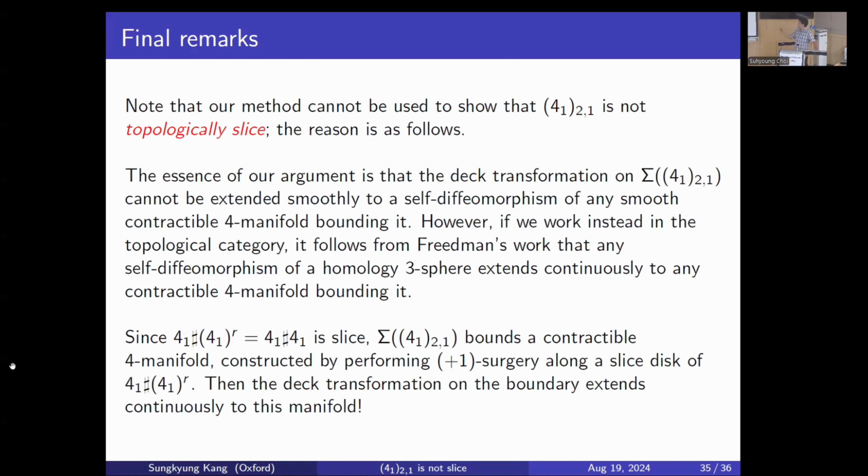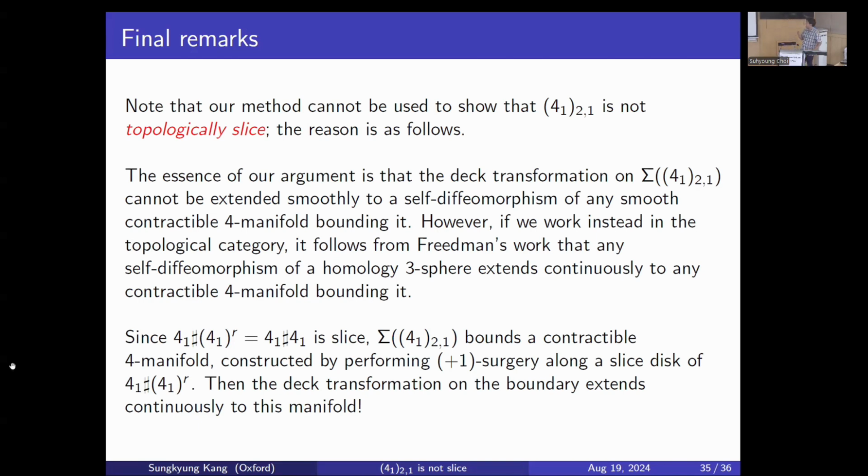If you try to apply our argument in the topological category, the problem is that our obstruction depends on the fact that the deck transformation of the branched double cover cannot be extended smoothly to a self-diffeomorphism of any smooth contractible four-manifold. But Freedman's theorem says that if you have a contractible four-manifold, then every self-diffeomorphism of the boundary extends continuously to a homeomorphism of the interior. So we have no obstruction. So it remains open. We cannot actually say anything.